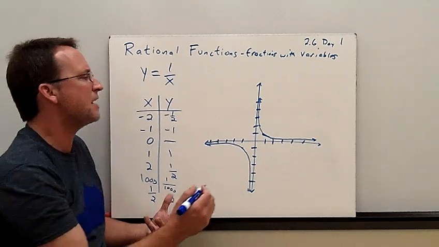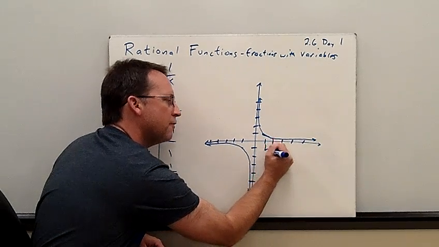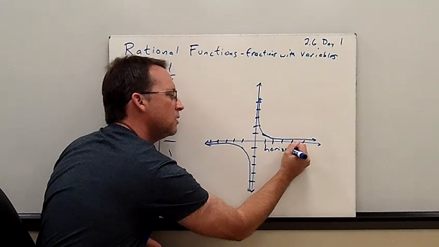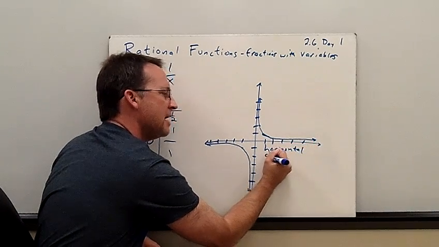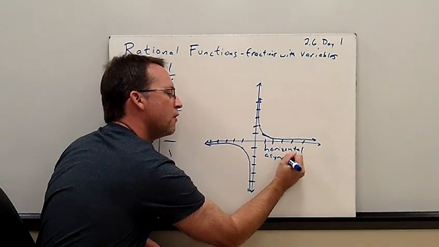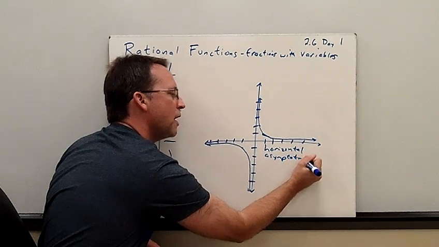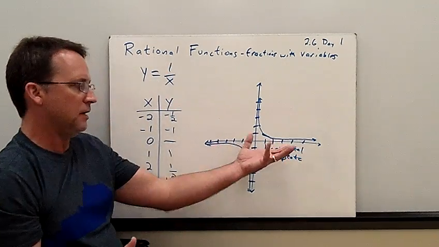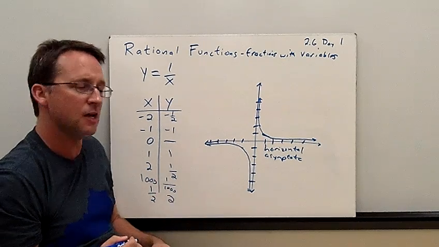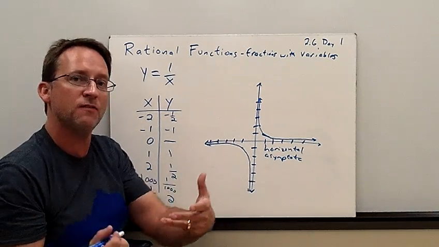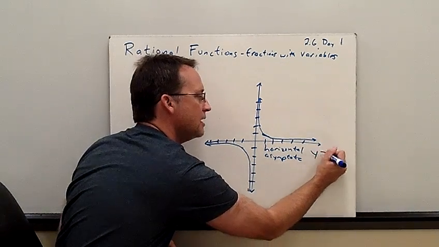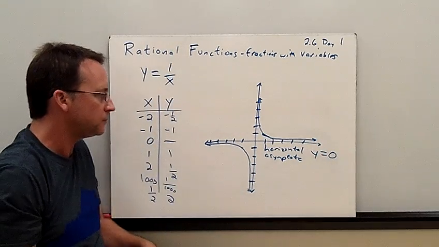And I do want to talk about the asymptotes of this graph. Remember, asymptotes, we've defined them in the past as lines that our function approaches but never quite reaches. In this case, the x-axis is a horizontal asymptote. We say the equation of that horizontal asymptote is y equals 0.